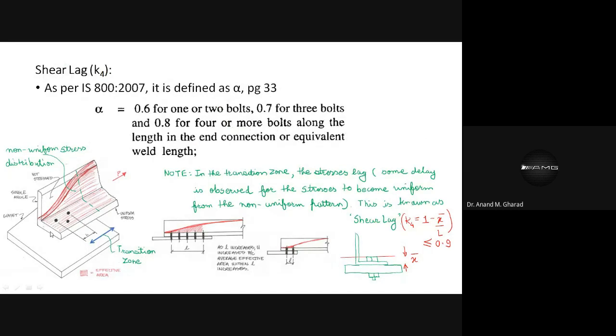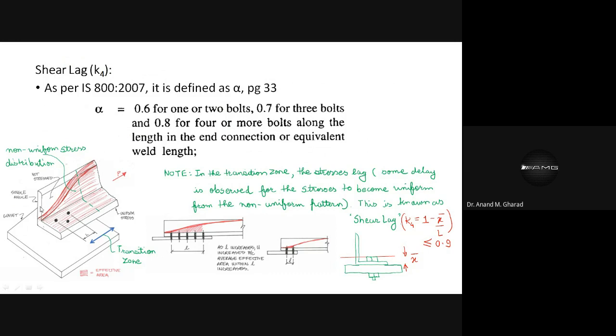When such an angle is connected to another member, what happens? It has been experimentally observed that the stress distribution is something of this sort. At the portion where connection is done with the help of bolts or weld, whatever it may be, the stresses are uniformly distributed.